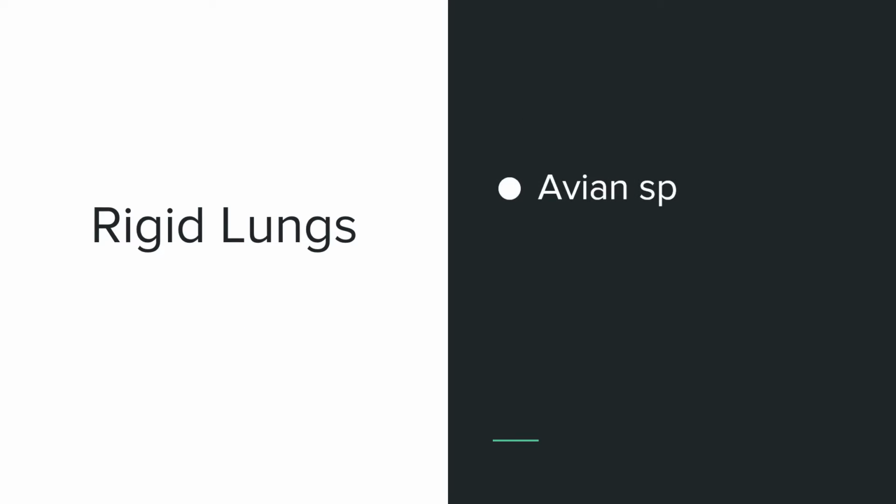Now, there are two different types of lungs. Mammals have very nice spongy lungs, super, super spongy. Avians, however, have rigid lungs. So the lungs maintain their shape. They still look like lungs. They still do gas exchange, except the thing is that they're rigid.